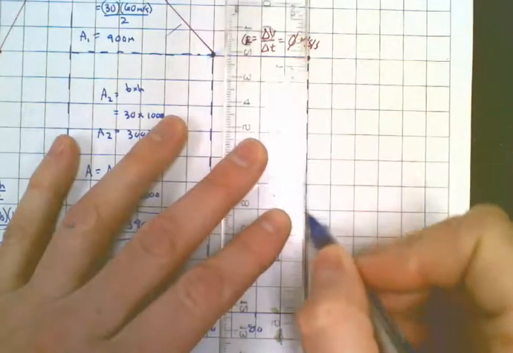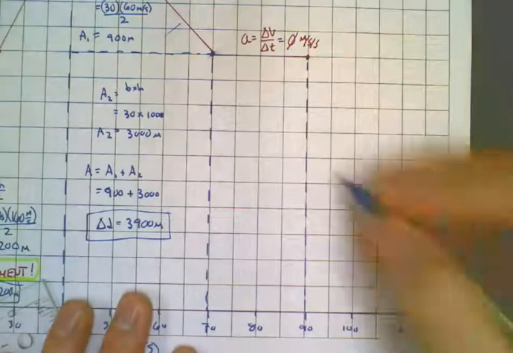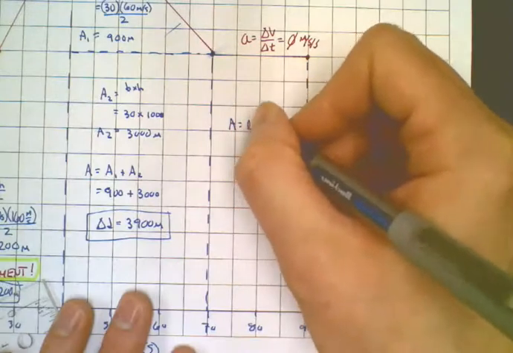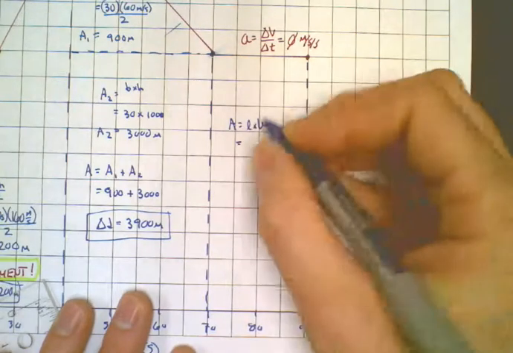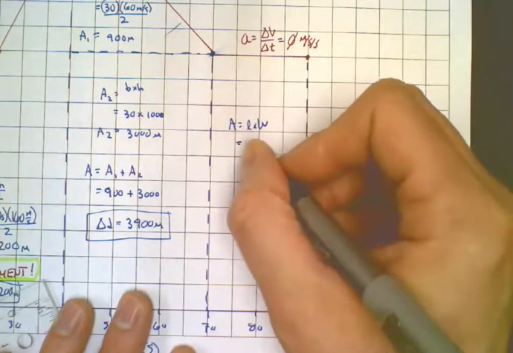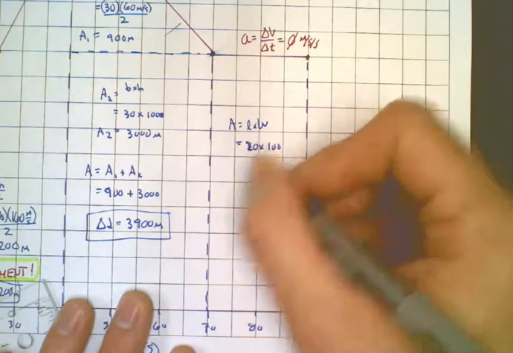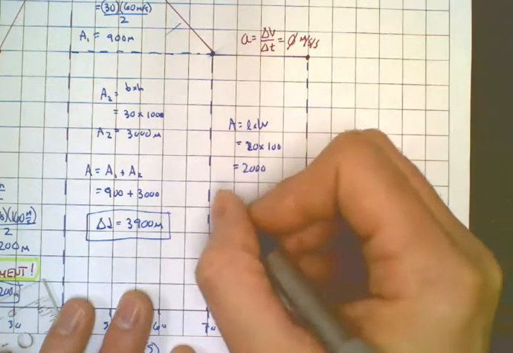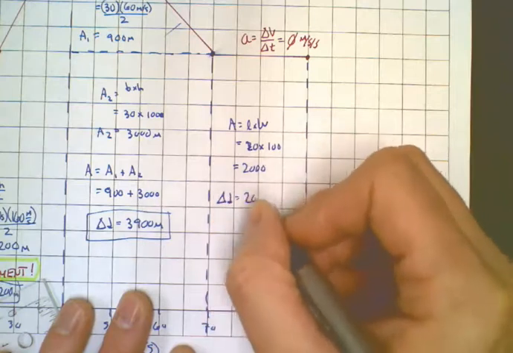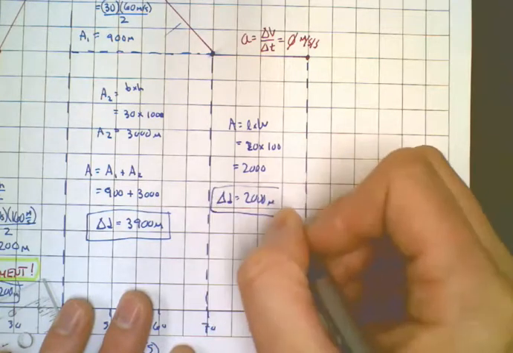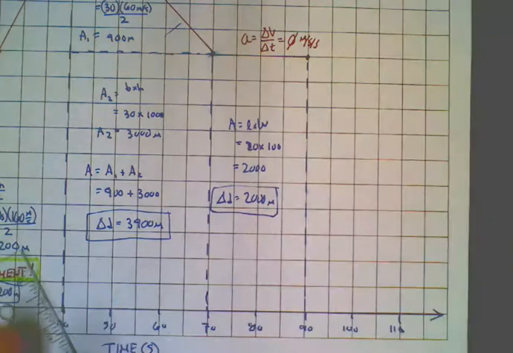Just go like this, and we say the area equals length times width, which is 20 times 100, which equals 2,000. So the distance it travels during this trip, 2,000 meters. And if you look at your notes for the calculations, it matches exactly.